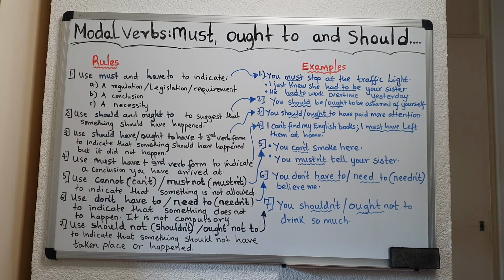So feel free to look up those videos. So when you want to indicate that something should have happened, but it did not happen, then you use should have or ought to have. Now, let us look at example 3.